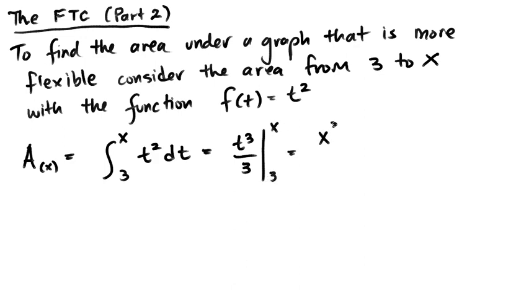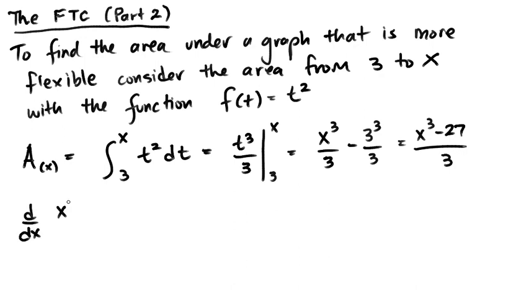And by substitution, that becomes x cubed over 3 minus 3 cubed over 3, or x cubed minus 27, all divided by 3. And you should notice that if we take the derivative with respect to x of x cubed minus 27 over 3, we'll end up back at x squared.